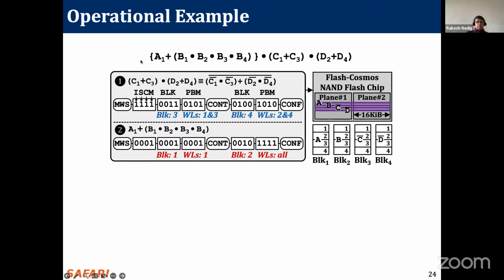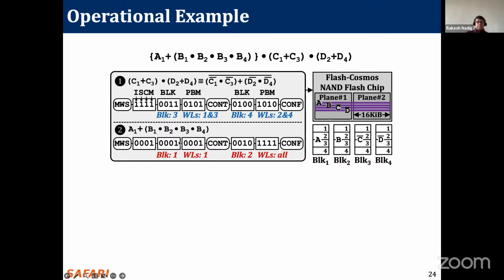Now, if we look at the first part, we see that the operand A is stored in block 1, and operands B1, B2, B3, and B4 are stored in block 2. Since there are more bitwise AND operations that we perform in block 2, we consider this part of the equation as is and don't use the inverse operation.